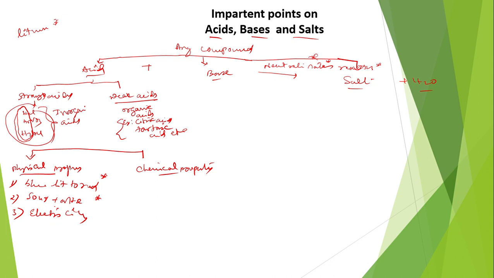This hydrogen conducts electricity in solution form. That means if it is in aqueous form, then these acids conduct electricity. That is also very important. They may ask questions on this. And fourth, their pH is 1 to 7.